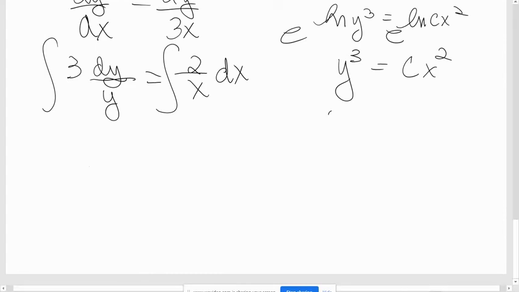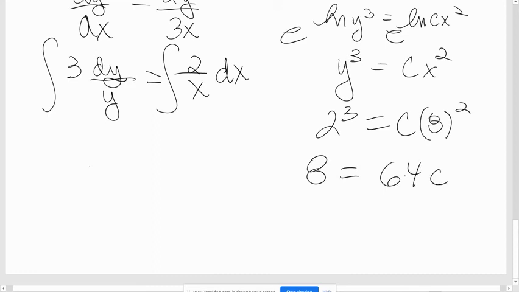So we have 2 cubed equals c times 8 squared. That's 8 equals 64c. So c would be equal to 1/8.